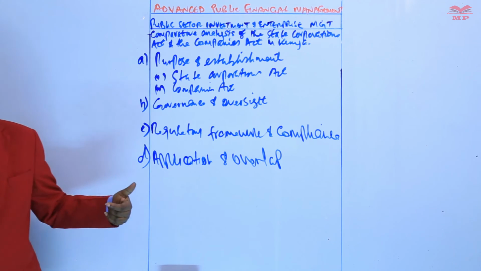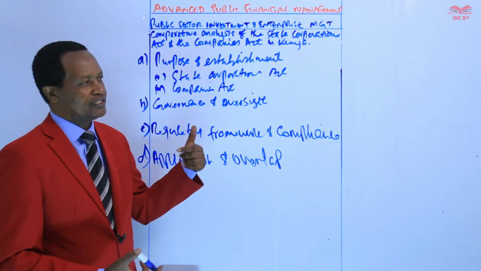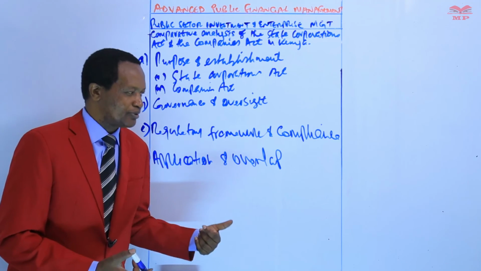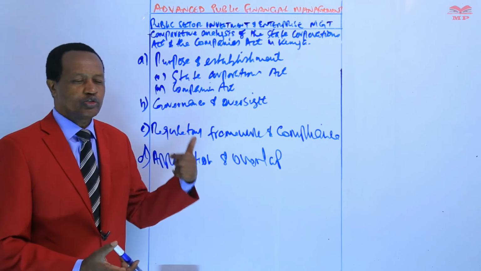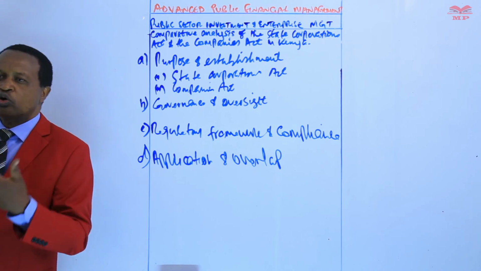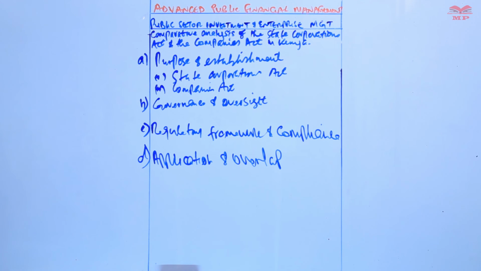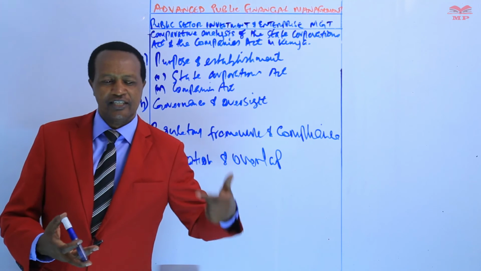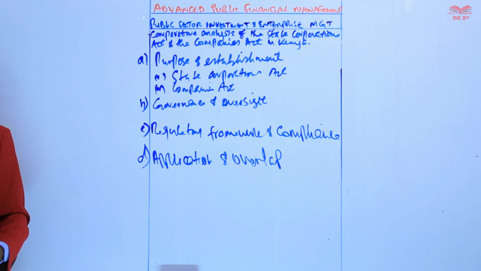So if a company is formed under the Companies Act, but such company is wholly controlled by the government, then it's defined as a state corporation. And therefore, the provisions of the State Corporations Act will apply to such a company, even though it is formed under the Companies Act.